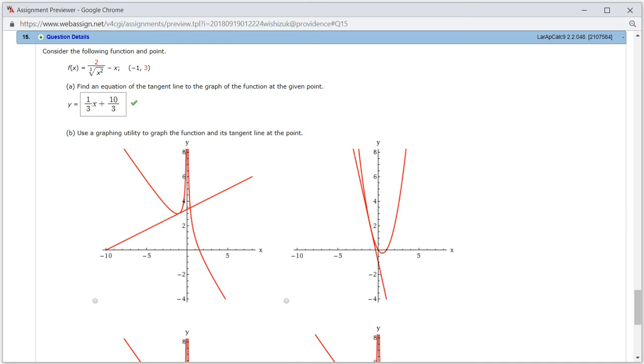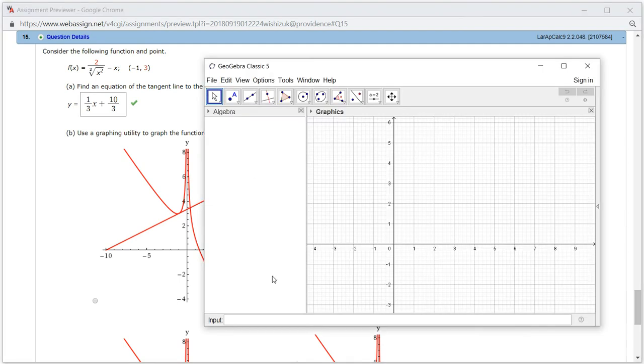Use a graphing utility to graph the function and the tangent line. So I'm going to use GeoGebra. Let's open up GeoGebra. I'm going to graph the function. So you have f of x colon equal, and we have 2 x to the negative 2/3 power and a minus x.